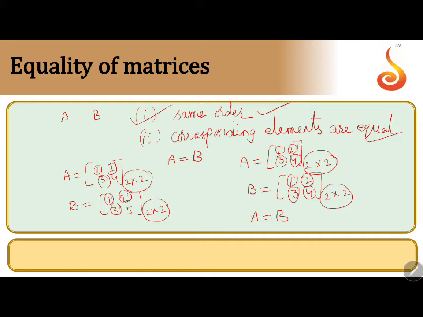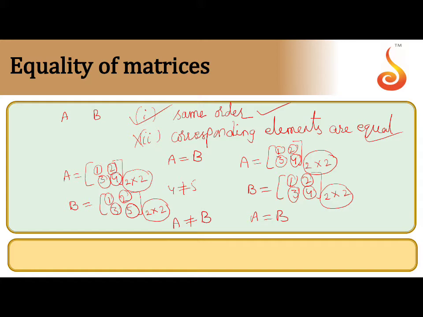But here second row second column element is 4, and here second row second column element is 5, both are not equal. That means all the corresponding elements are not equal, so the second condition is failed. That is the reason these two matrices are not equal. So finally, two matrices are equal only when they have the same order and the corresponding elements are equal.